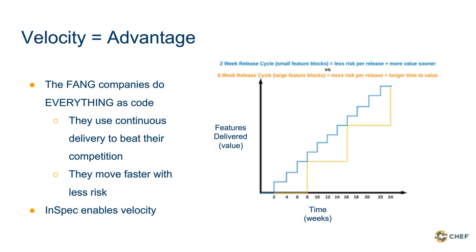That's all the area underneath the blue that's not covered by the orange blocks. Who's going to win in that competition? More often than not, it's going to be the company that can continuously deliver those features quicker. That's where we really look at velocity being an advantage, and InSpec can help you achieve that.